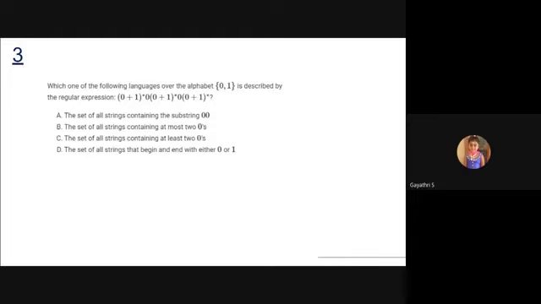We have to find out the language description.